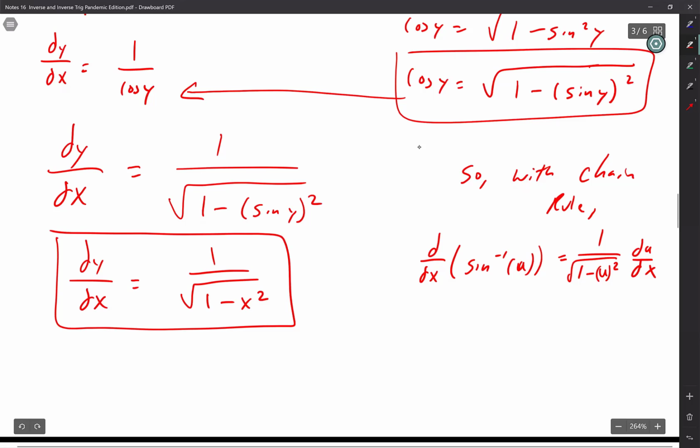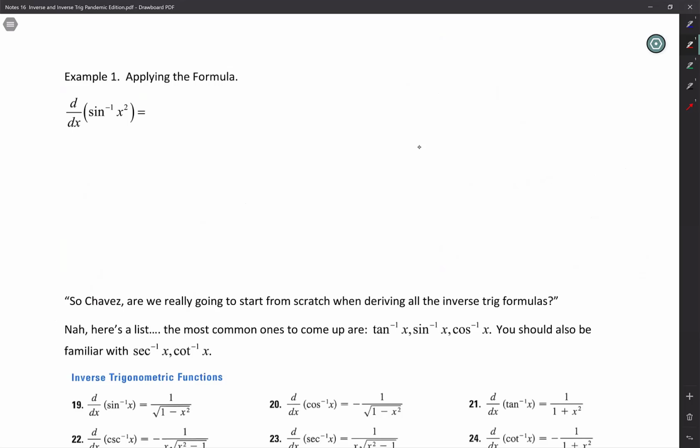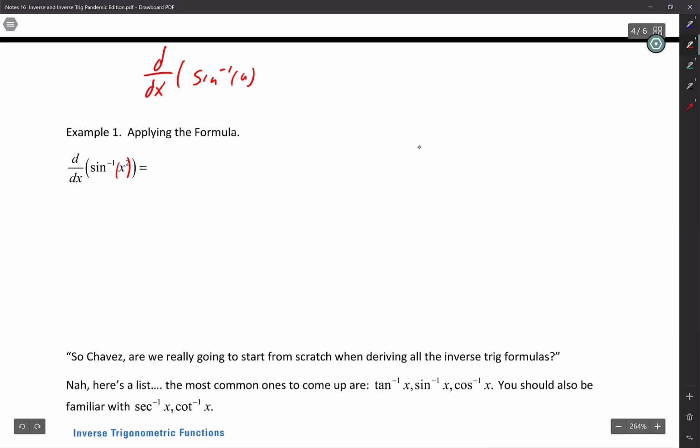All right, guys. So here we go. Example 1. All we're doing is applying the formula. Nothing fancy, just mechanics. So I'm going to put it up here so you guys can see it. d dx of arc sine of u equals 1 over the square root of 1 minus u squared, times du dx.